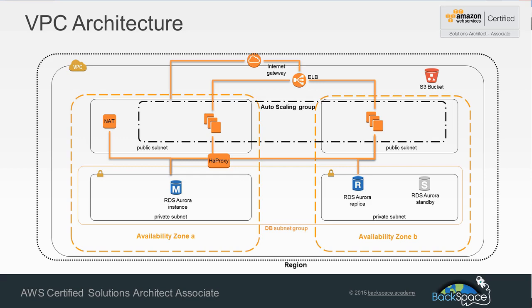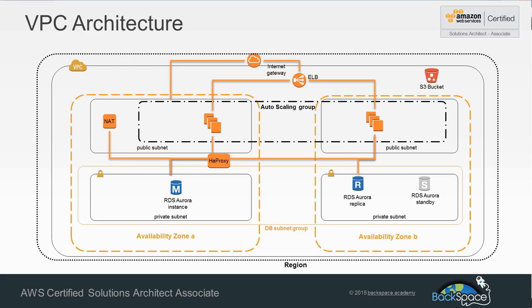So you would use the endpoint for your HA proxy instance for your read requests. That is beyond what you would expect from an associate level architect course, but just be aware that it is a solution to use HA proxy in front of your RDS instances.